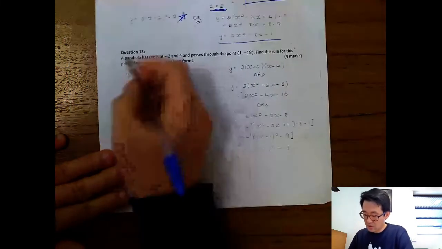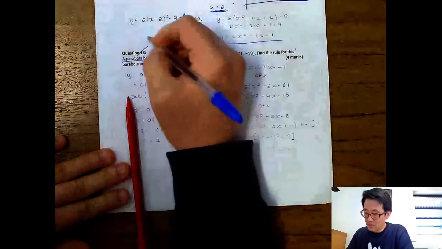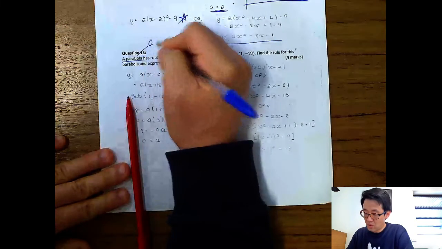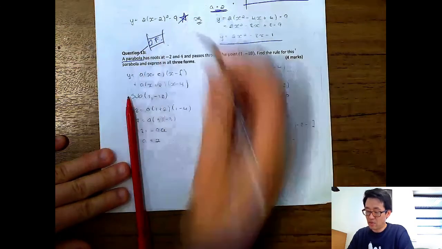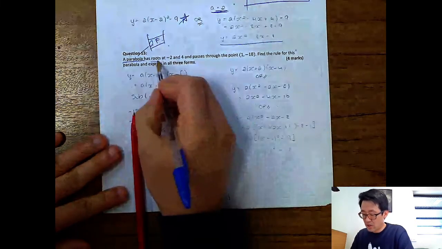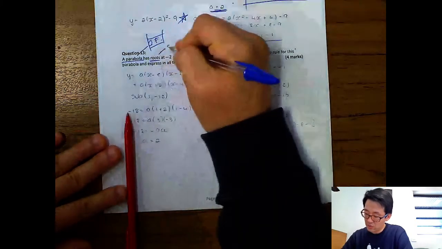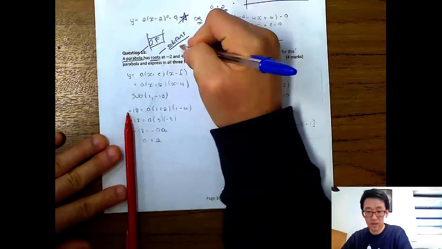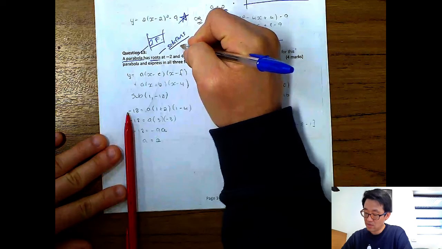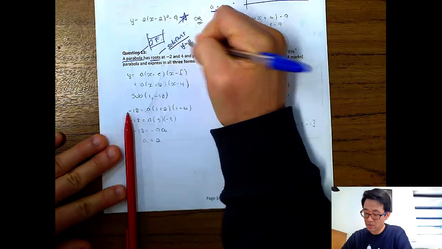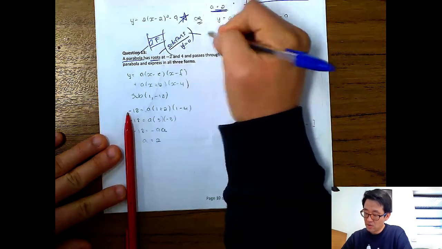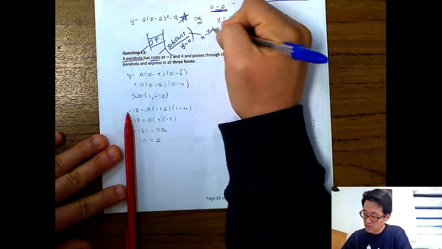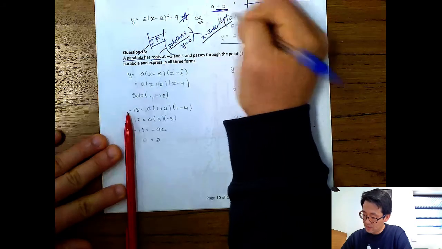Okay, next one. A parabola, which means quadratic function, isn't it? Parabola, quadratic function, has roots, which means solutions, which means same as y equals 0. This is the x-intercept.